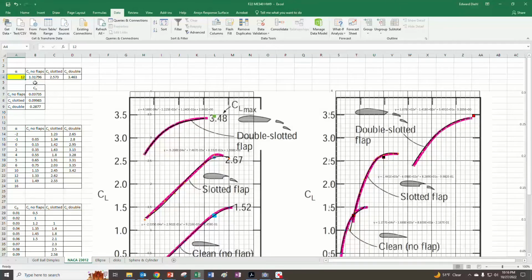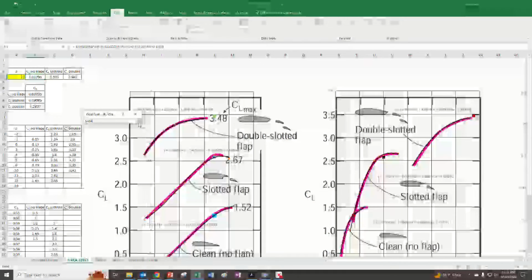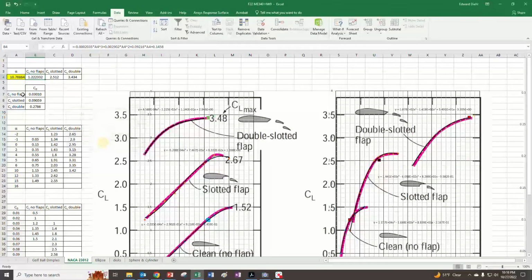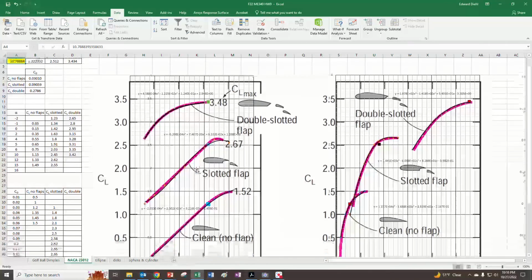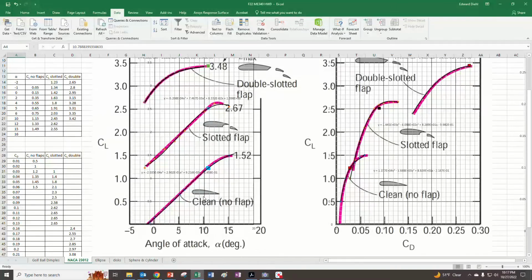So if I want to find, for the one with no flaps, that lift coefficient, I can use something called goal seek, underneath data and what-if. I can click on a cell, it says what cell I want to set equal to 1.222 by changing this angle. If I do that, it just monkeys around with it until it figures out what that value is, and it tells me that the angle of attack is, let's call it 10.8, because it's not really exact and precise.